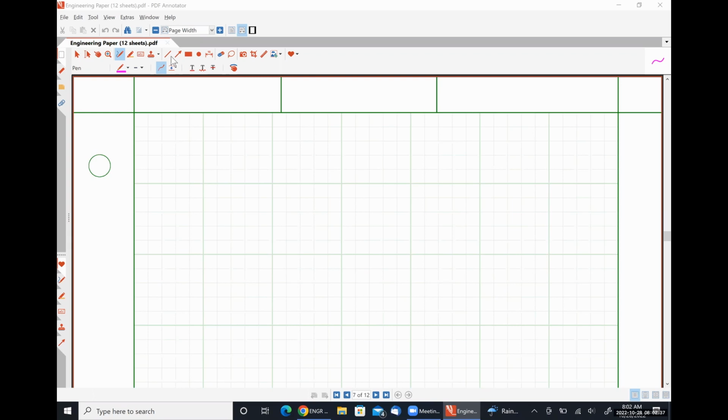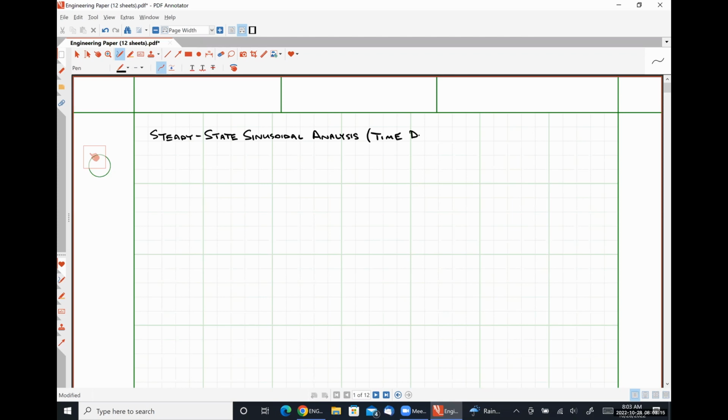So we are going to start by looking at a circuit in the time domain. So I'm going to call this steady state sinusoidal analysis, in parentheses, time domain.